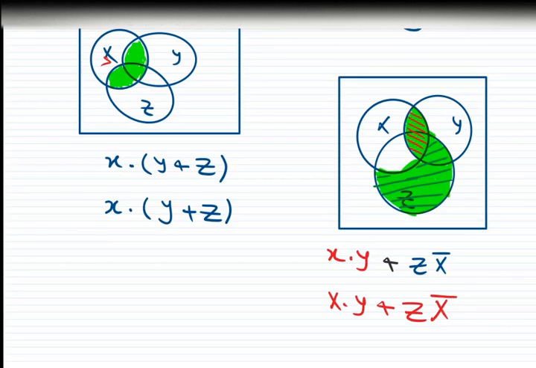So this one is like the circuit. Okay, so this one was Venn diagram to represent the signals in visual format.